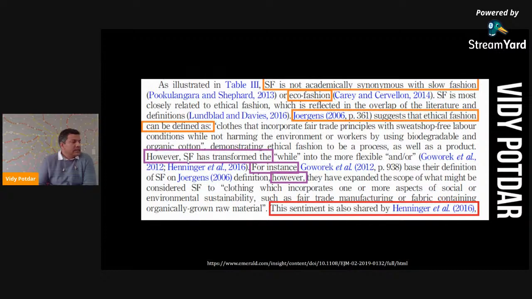However, sustainable fashion has transformed the definition into the more flexible and or. So again, different references. What I want to show you here is how the authors of this paper have picked up small concepts, small ideas from different papers and have synthesized them like a story.